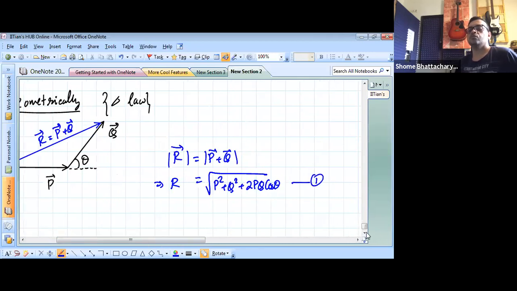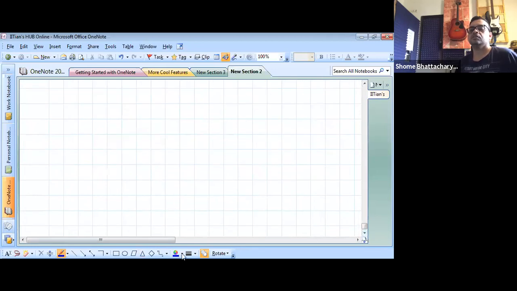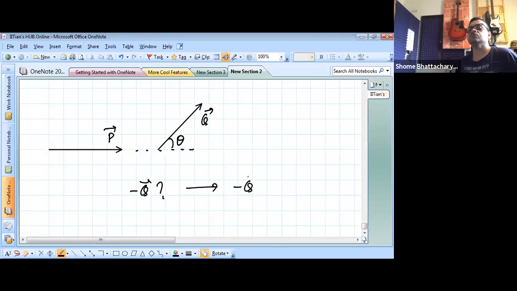Now, what is the second operation? It is P plus or minus Q. First thing we have to understand is, suppose Q is this vector, which is making an angle theta with the direction of P. What about the vector minus Q? The vector minus Q has same magnitude as Q, but opposite direction.